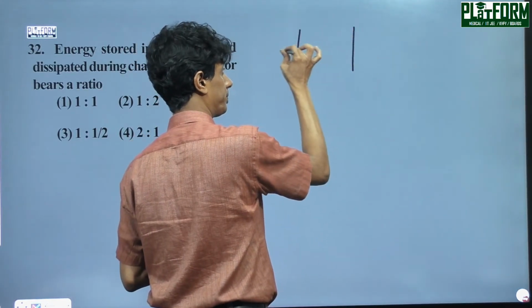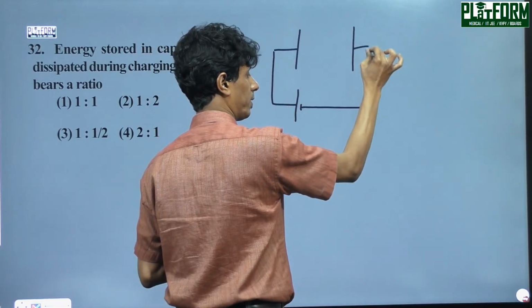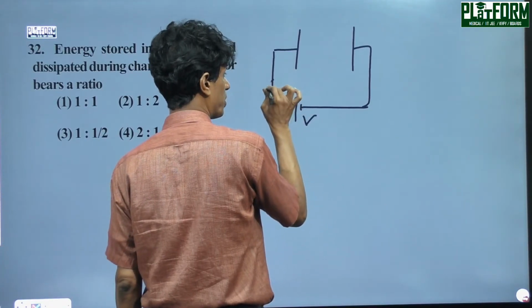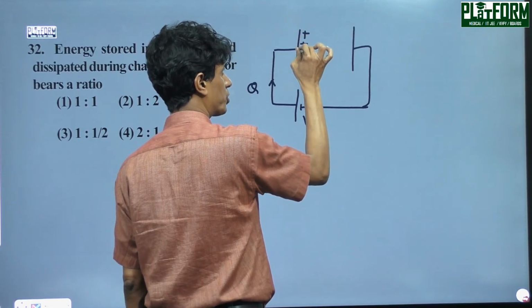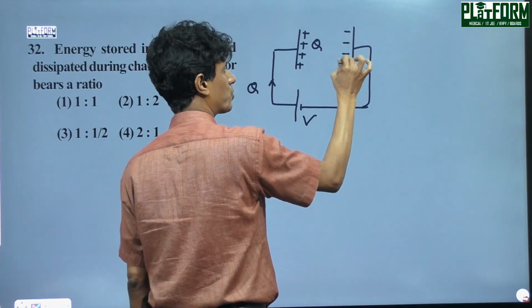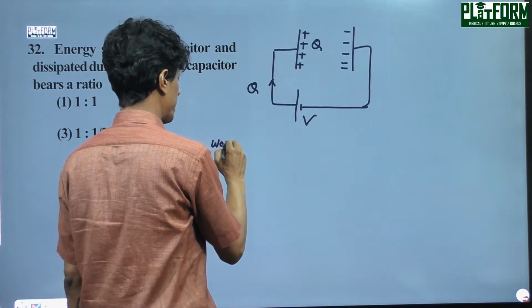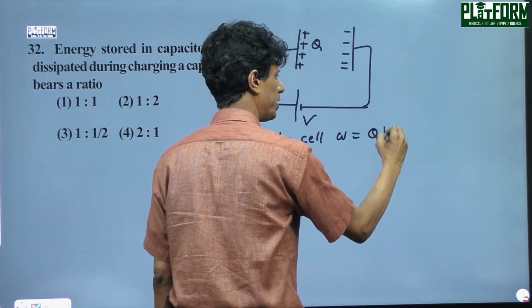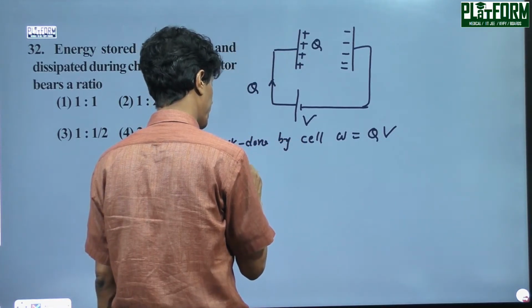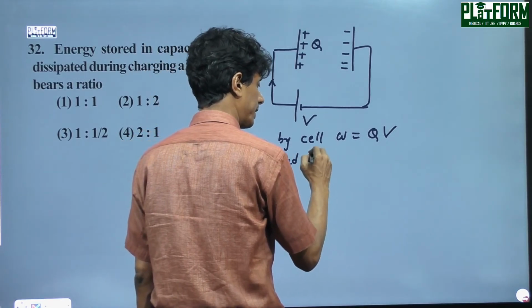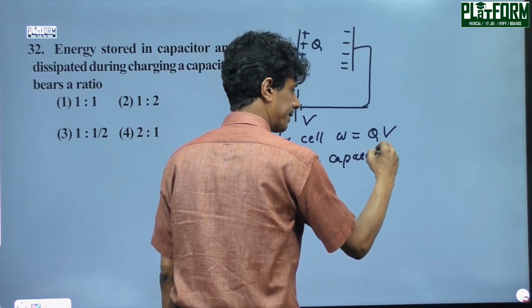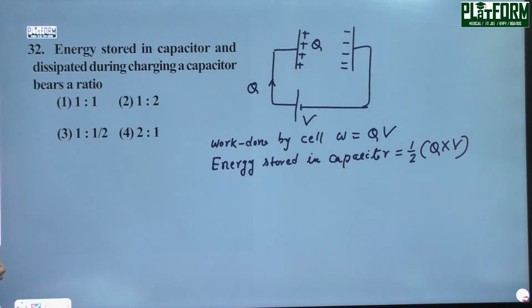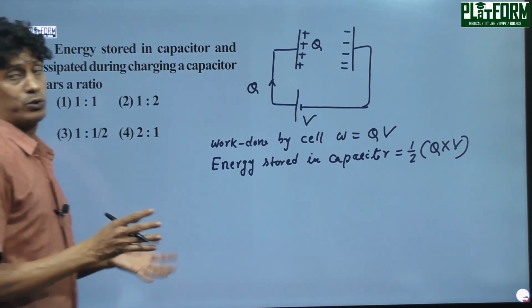In a capacitor, let us say the potential difference is V and the charge supplied by the cell is Q, and the charge stored is Q. So the work done by the cell W is equal to Q into V, and the energy stored in the capacitor is equal to half into Q into V. Work done by the cell is equal to QV, but energy stored in the capacitor is equal to half QV.